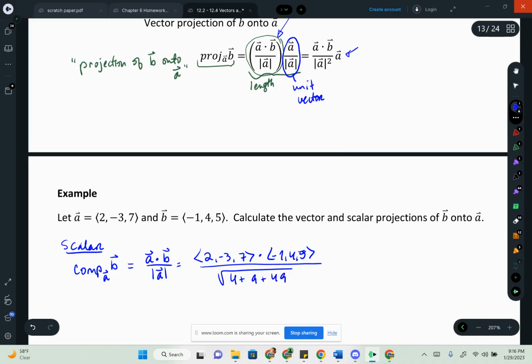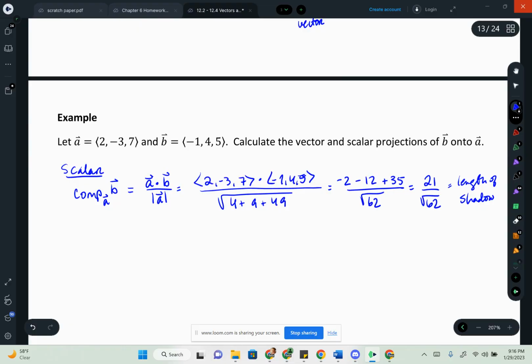That's the magnitude of A. On top, our dot product is going to give us -2 minus 12 plus 35. In the bottom, we have the square root of 62. And finally, we get 21 over the square root of 62. And remember, we can think of this as the length of the shadow.